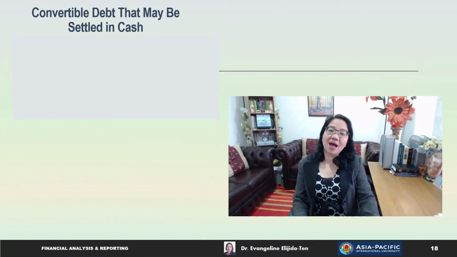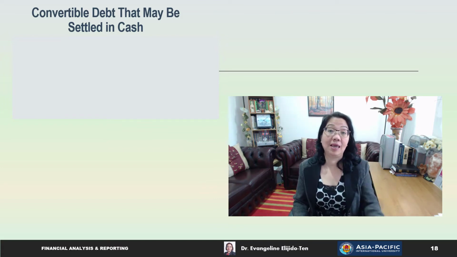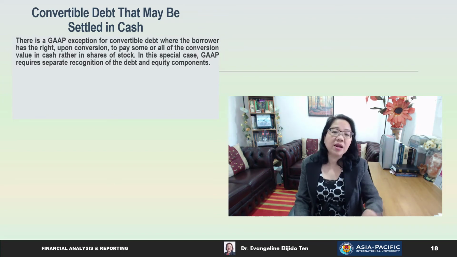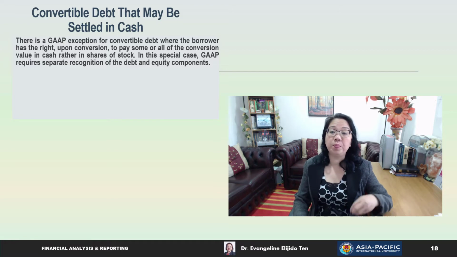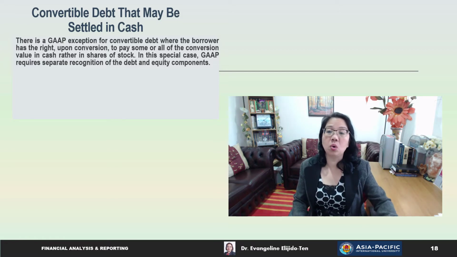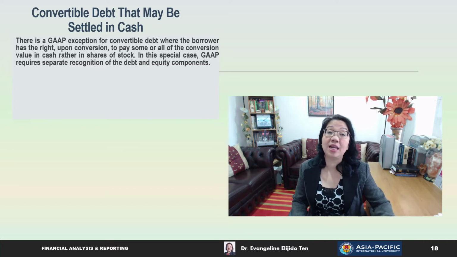All right, let us have a look at another type of convertible debt, this time a debt that can be settled in cash instead of shares. So there is a GAAP exception for convertible debt where the borrower has the right upon conversion to pay some or all of the conversion value in cash rather than in shares.